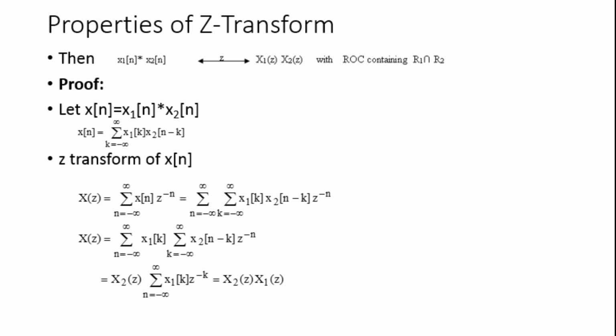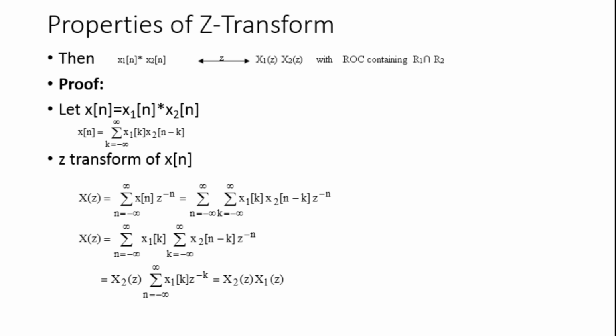The proof for this property: let x of n equal x1 of n convolved with x2 of n. Then x of n is equal to summation k equal to minus infinity to infinity x1 of k into x2 of n minus k.